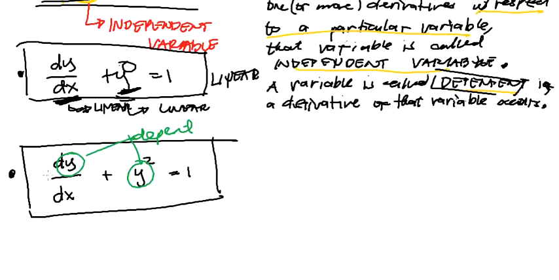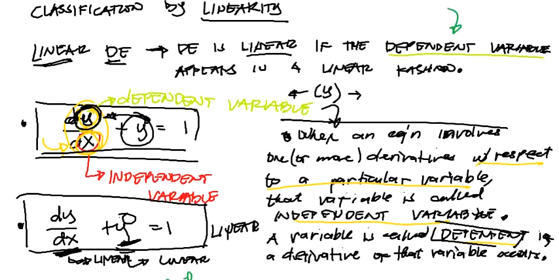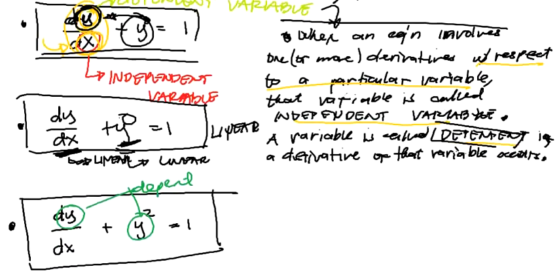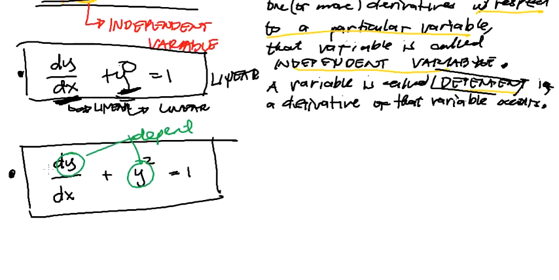And for this equation to be considered linear, the dependent variable and its derivative must appear in linear fashion. So let's examine our equation one by one. We have dy over dx. This is linear.